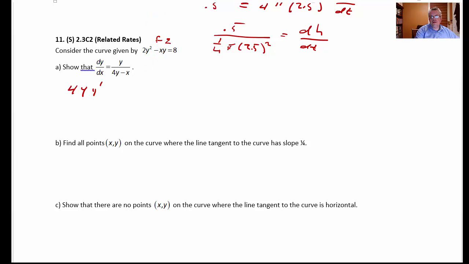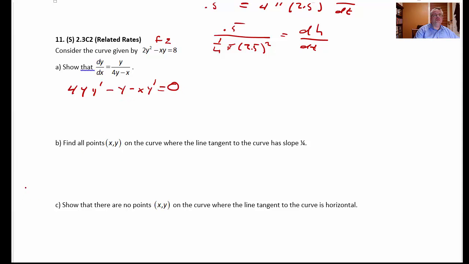The product rule says f prime g plus f g prime. F prime would be minus 1, so f prime g would just be minus y. Plus, we got f, which is minus x, times g prime, equals the derivative of 8, which is 0.